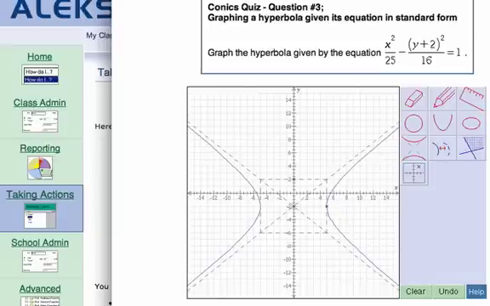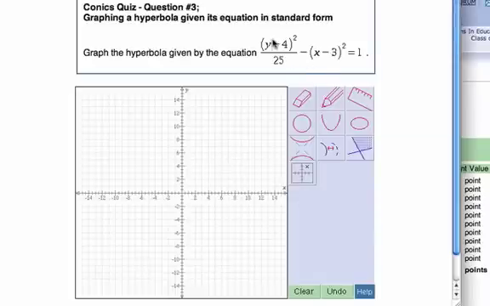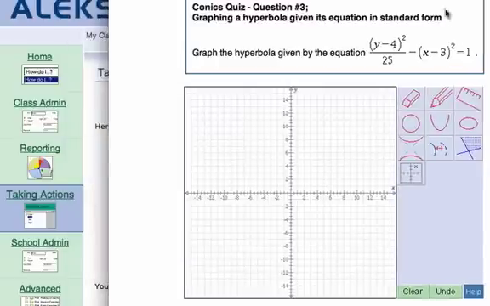Let's see if I can get one that opens up or down. Great. So see here the y squared is first. Basically what you're going to do is find the center. Now my center has x coordinate 3 and y coordinate 4.